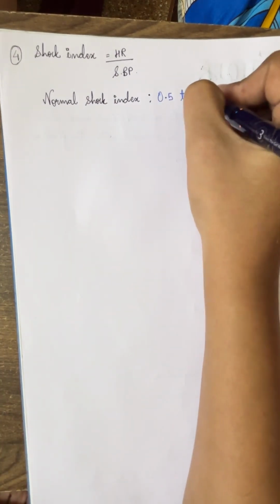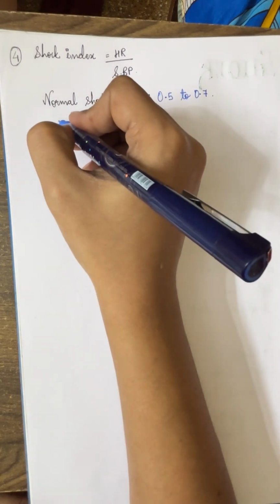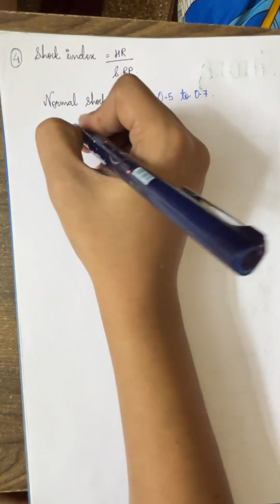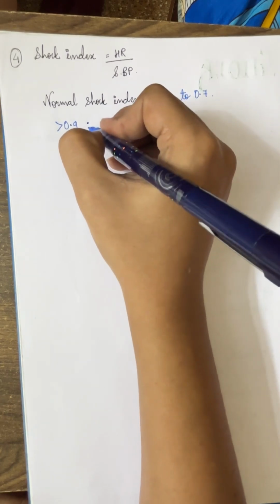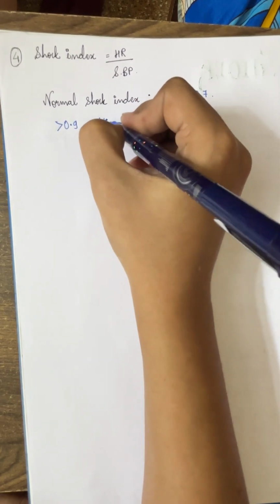A shock index greater than 0.9 leads to higher mortality.